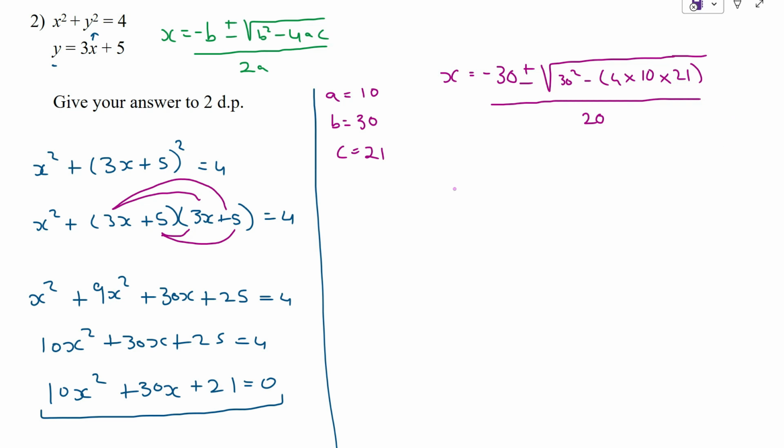Now remember, to get our two values for x, we need to write one equation with a plus, then change that plus to a minus to get the second value of x.